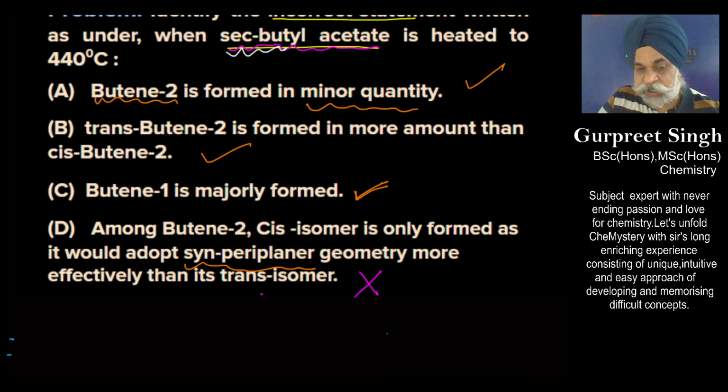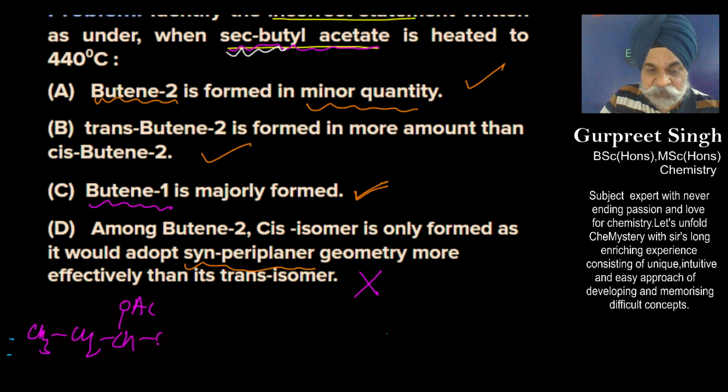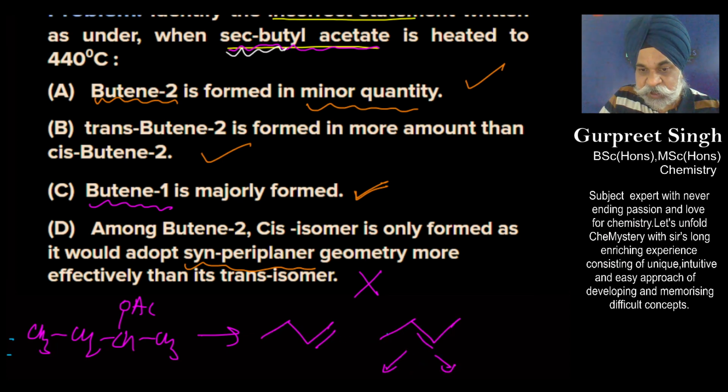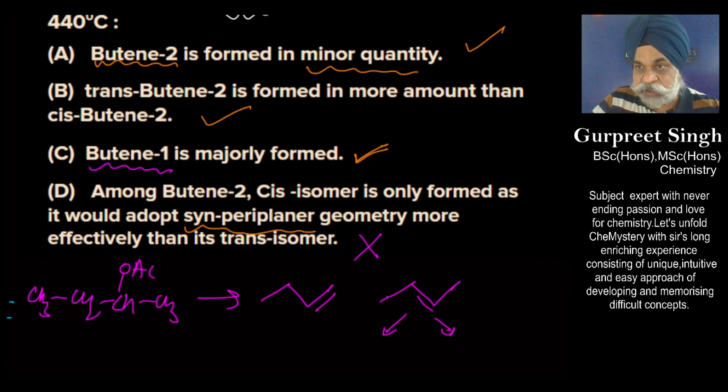Cis, although it can adopt the syn periplanar geometry, is not favorable because the most favorable is adopted during the formation of but-1-ene, and out of cis and trans, trans alkene is majorly formed because that adopts better arrangement. So it has been seen that in this particular question, the products are but-1-ene and but-2-ene, and but-2-ene is available in two forms, cis and trans.